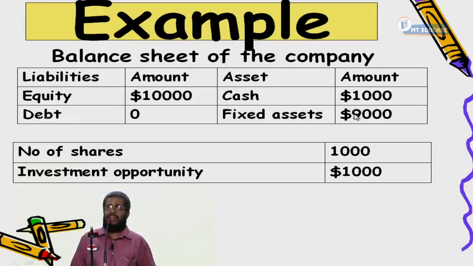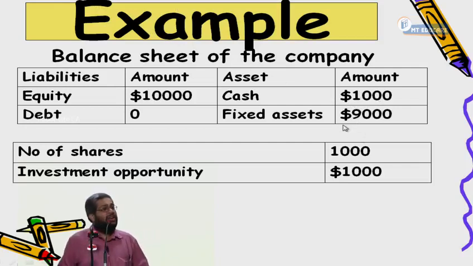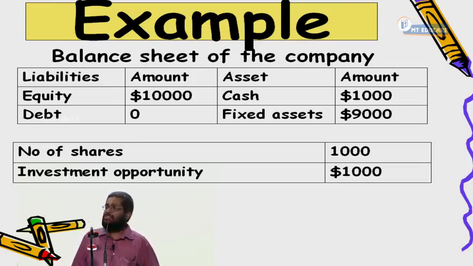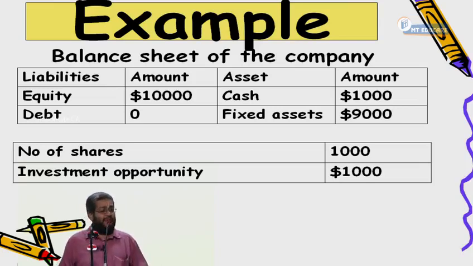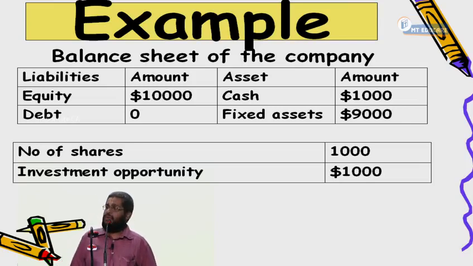The only difference is earlier this $10,000 wealth was shared by 1,000 shares. Now it is going to be shared by 1,111 shares. Same wealth, when I declare dividend and raise new money, the money is intact. The same money will be there with the company, but the problem is more number of shares, which is going to dilute the share price. So the shareholder getting dividend has an advantage as well as a disadvantage.